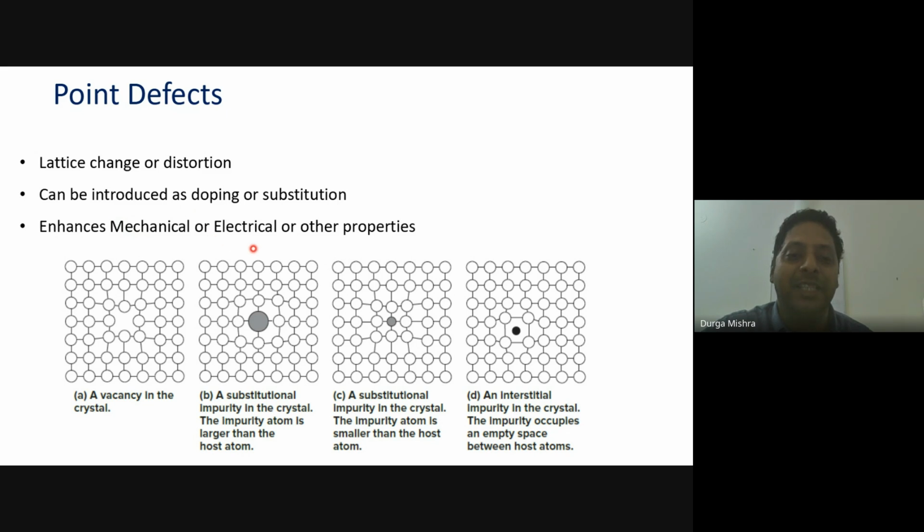A very good example of this process, this electrical process, is when we do doping in semiconductors. If I have silicon, I will add boron, which is an impurity atom, and if I do that, I will make it a p-type material.